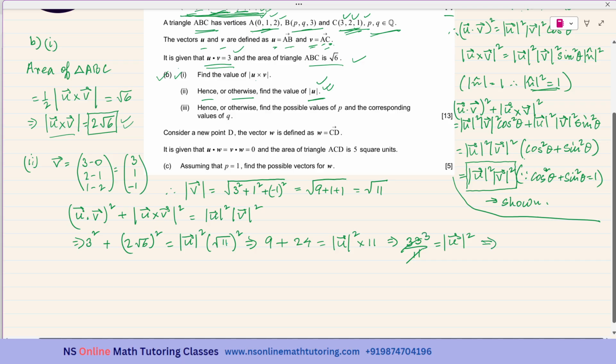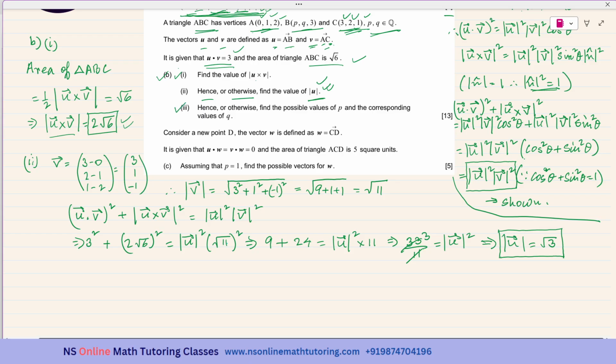This will imply the magnitude of U is equal to square root of 3. We are taking the square root of both sides, but it will not be plus minus. The magnitude can never be a negative number, so we should be taking only the positive square root. So magnitude of U is equal to root 3.